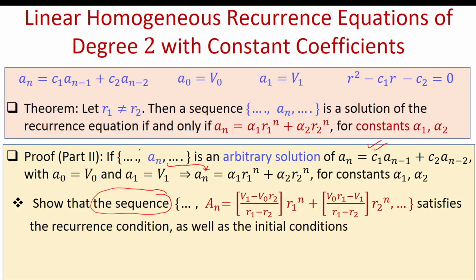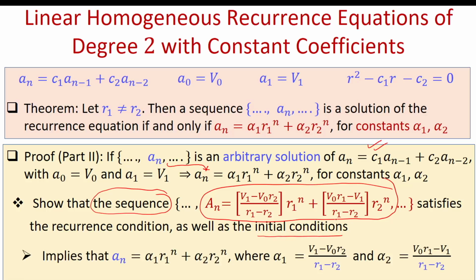So I am taking another sequence whose nth term is of this form. Then I will show that it satisfies not only your recurrence condition, but it satisfies the initial conditions as well.